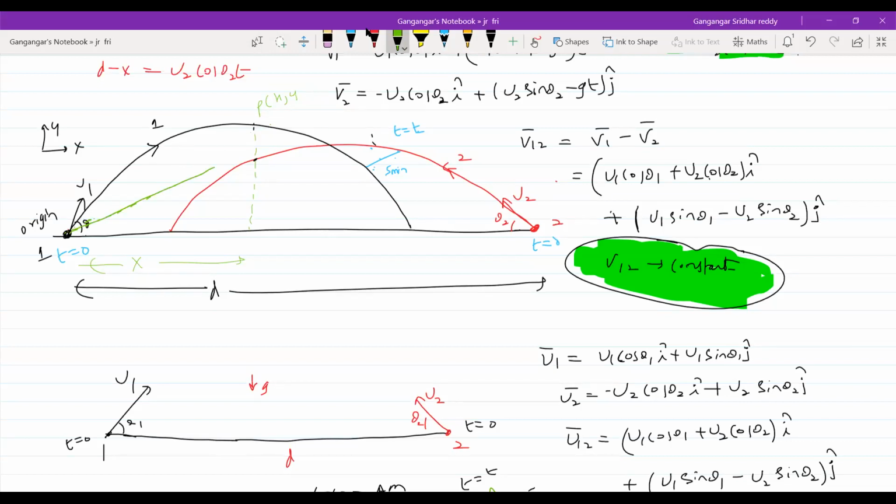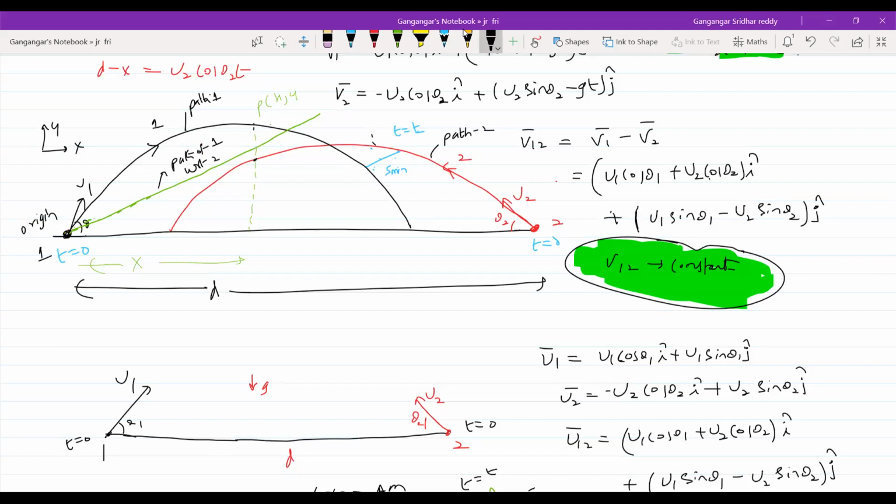We'll draw one line. Now, what is this straight line? Anybody? Path of 1 with respect to 2. So what do you mean by path of 1 with respect to 2?